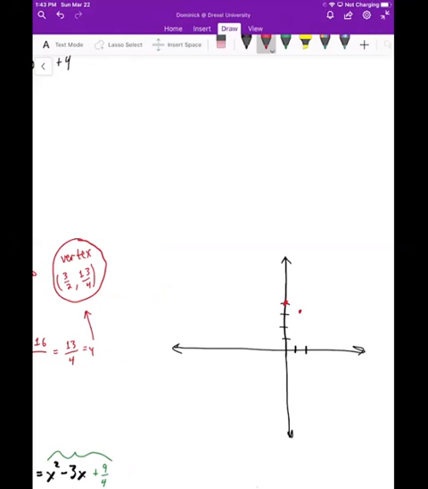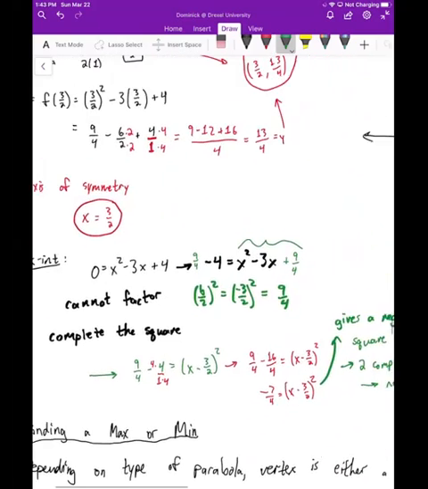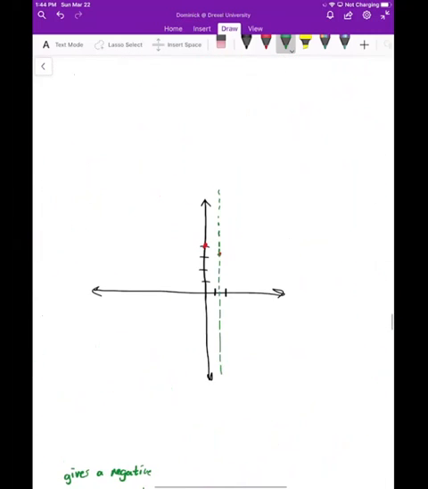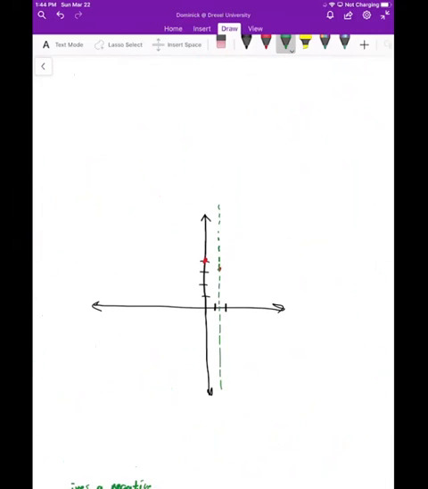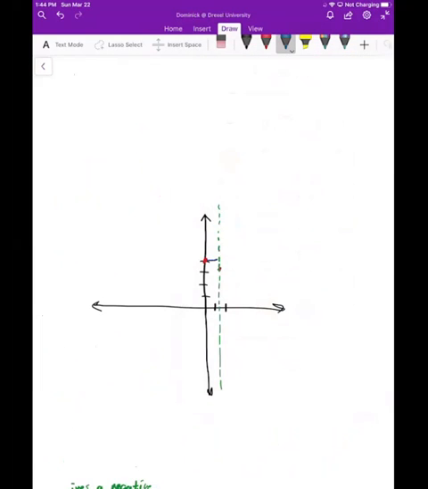Now, we also know that we have an axis of symmetry at 3 over 2, so we have something like that. Now, since we didn't get any x-intercepts, we may need a couple more points, right? Now, we can, of course, use the fact that this is an axis of symmetry and mirror this point over by a unit of 1.5, right?